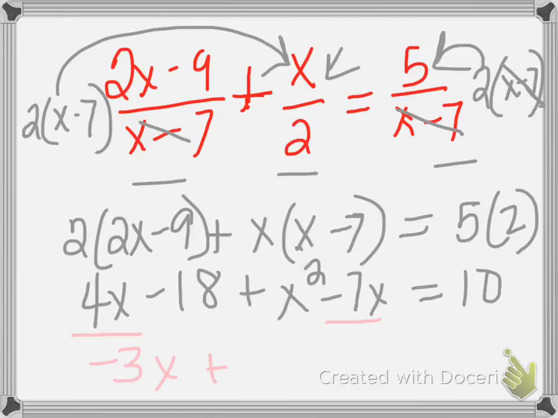We still have x squared, we still have negative 18, and that still equals 10. I'm going to reorder these in standard form, descending from the highest degree. So my equation is going to be x squared minus 3x minus 28 equals 0.